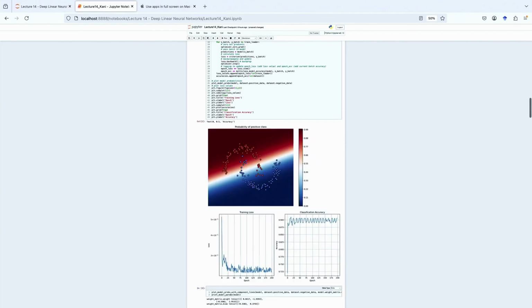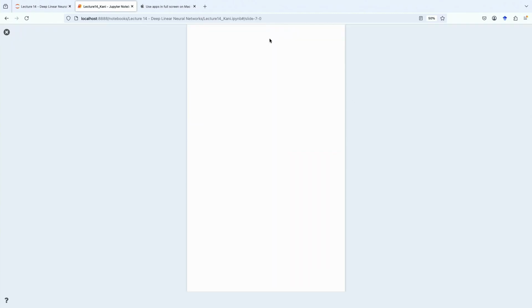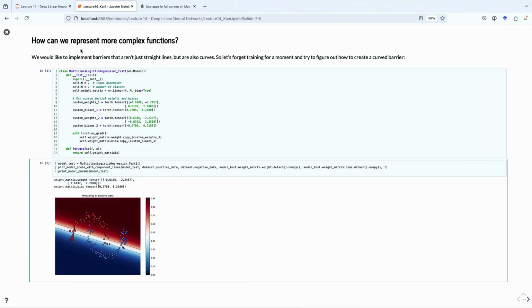I want to make sure that it's running correctly. Yep, my kernel. There we go. Okay, all right, just wanted to make sure. I restarted the kernel right before class.